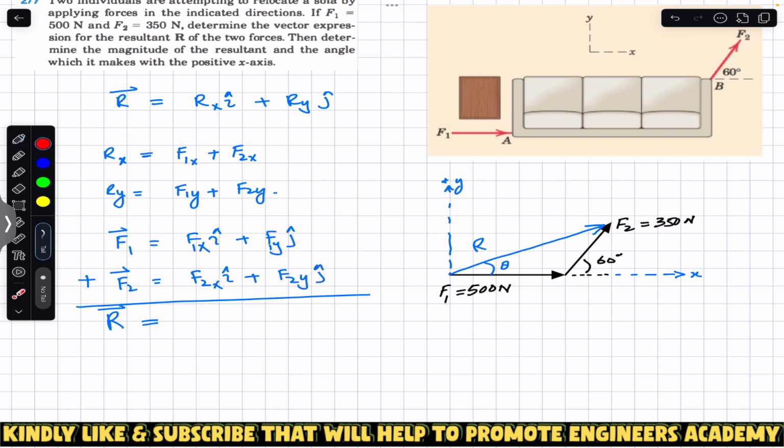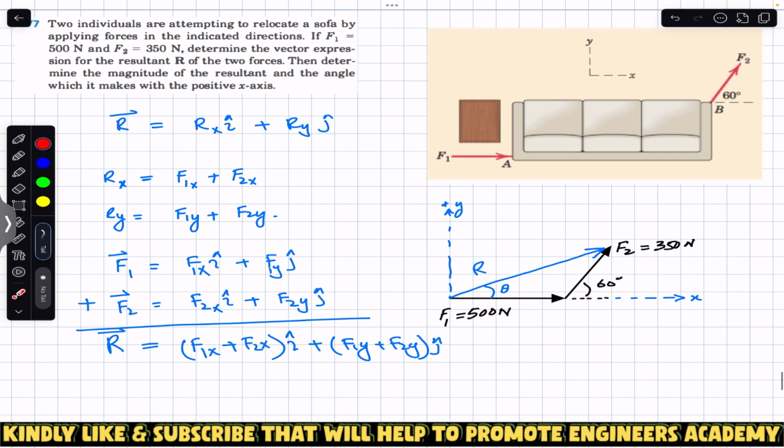So this is the method. So we will have F1x plus F2x i plus F1y plus F2y j.